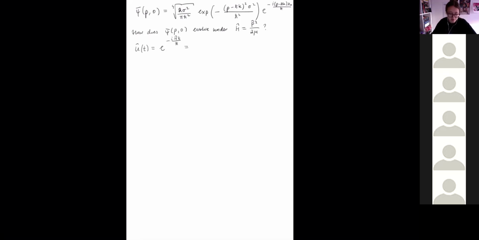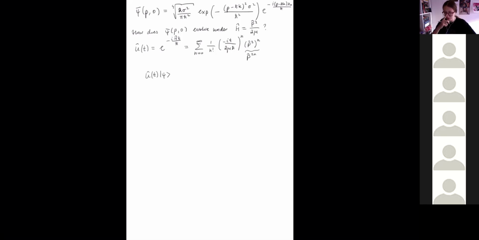Then we do what we usually do, we just write it as a series: sum of 1 over n factorial times (minus it over 2μħ), where I already substituted p squared over 2μ instead of H, to the power n. And then here we have p squared to the power n, so p squared to the power n is just p to the power 2n.